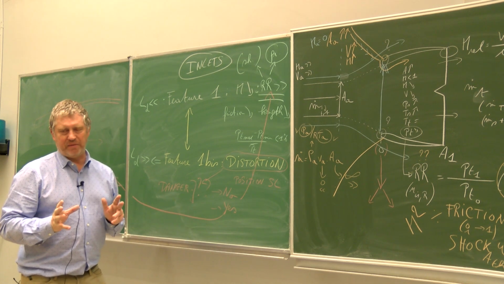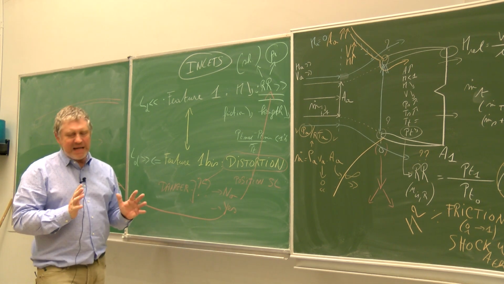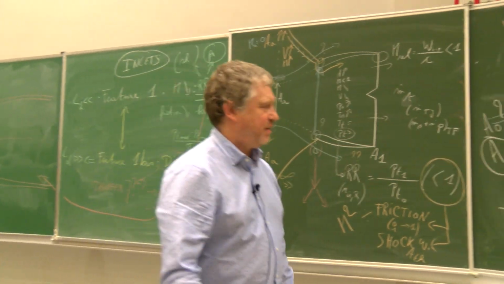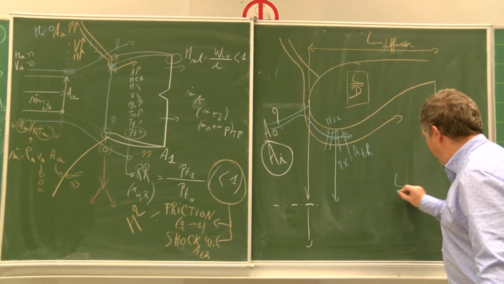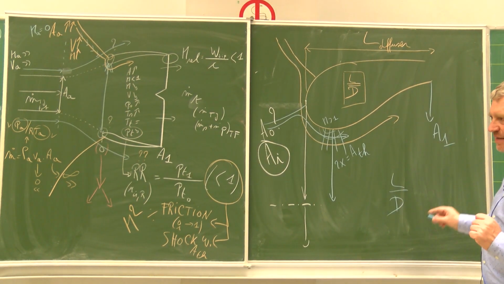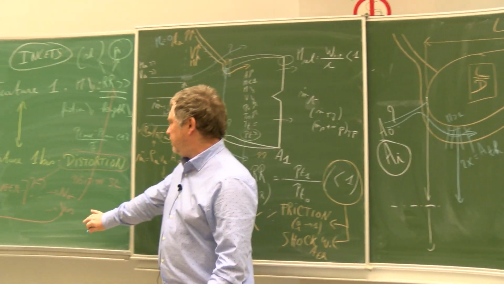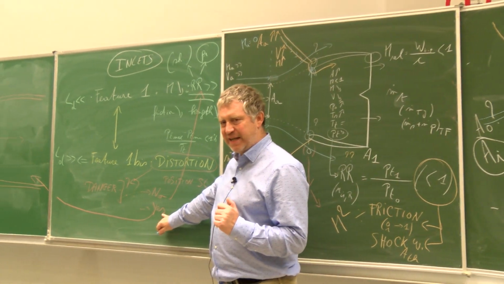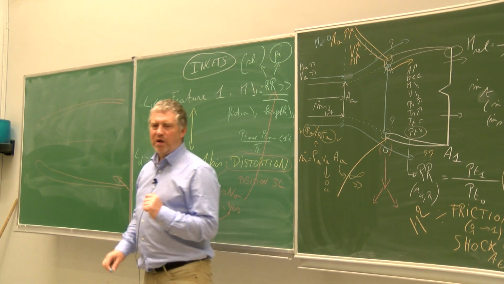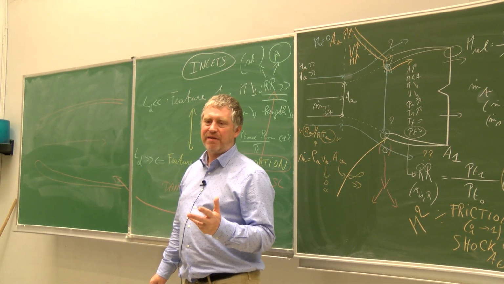leading to the decision. And that means that you will have only, I would say, two cases. So L over D, you see that in the second case, when the danger of distortion is existing, you are forced to go to a long intake.